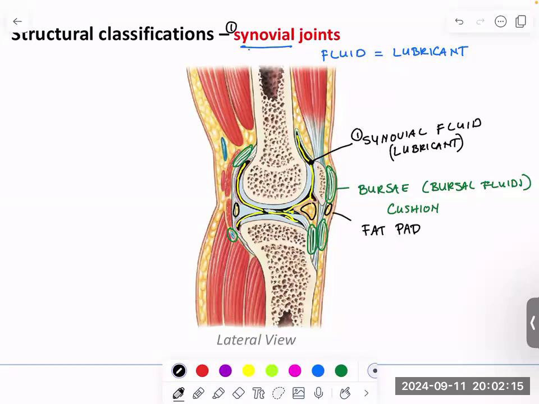And those fat pads are not for energy storage. Their sole purpose is to cushion the joint. So you have both fat pads and bursae that will also help provide additional cushioning, structural support for a joint.